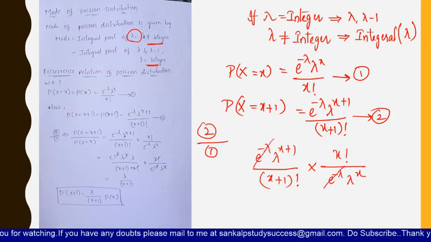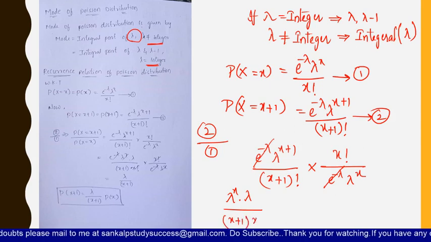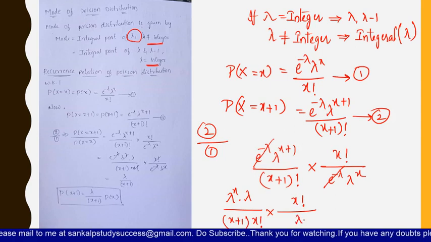Here e power minus lambda and e power minus lambda get cancelled, and you can write x plus 1 factorial as x plus 1 into x factorial, correct? Here also you can write lambda power x plus 1 as lambda power x into lambda.